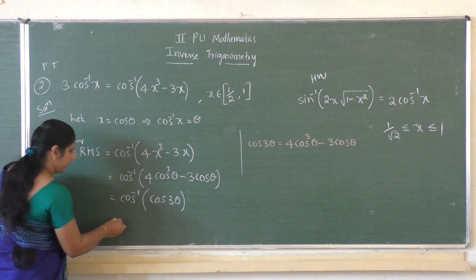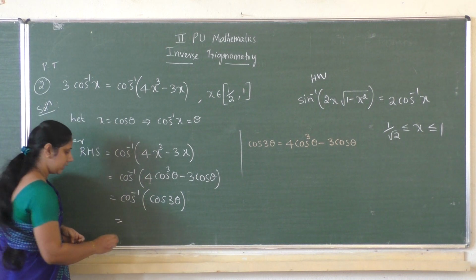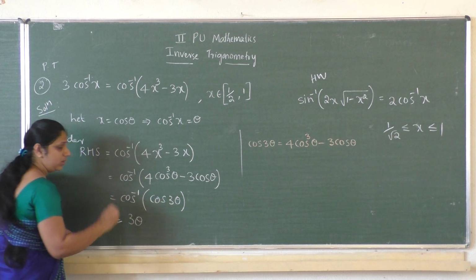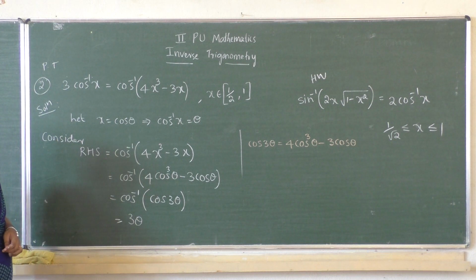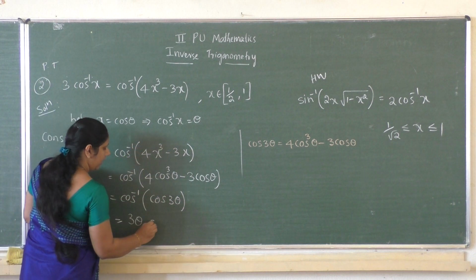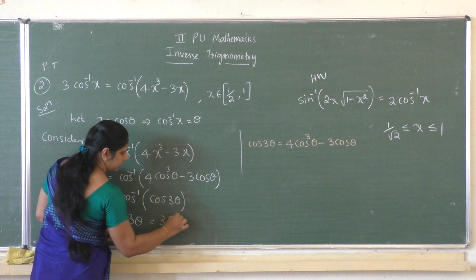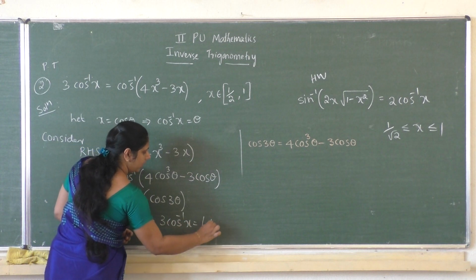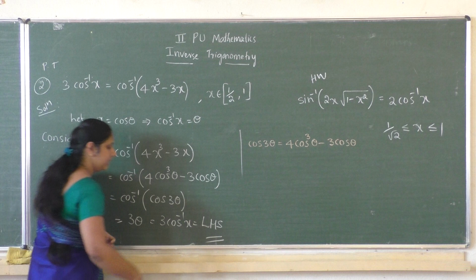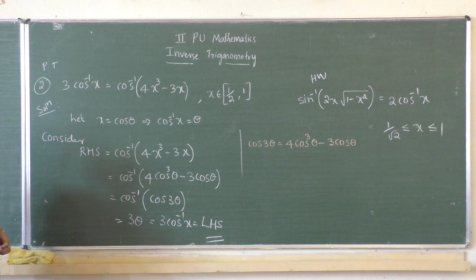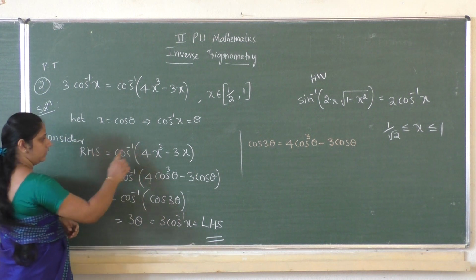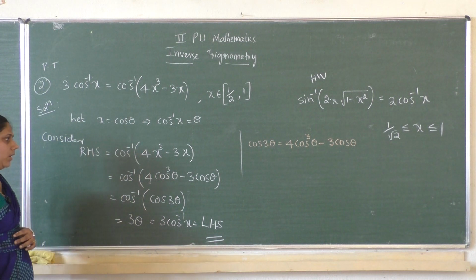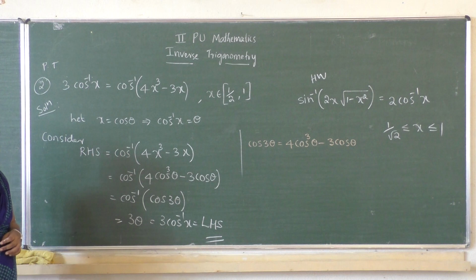Now by the property, cos inverse of cos 3 theta is equal to 3 theta. But what is theta? Theta will be cos inverse x. So this is the required left hand side. Therefore we proved 3 cos inverse x equal to cos inverse of 4x cube minus 3x.